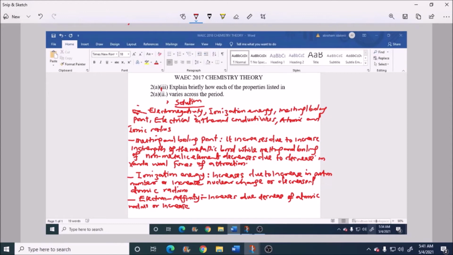So electron affinity increases due to decrease of atomic radius or increase in nuclear charge.